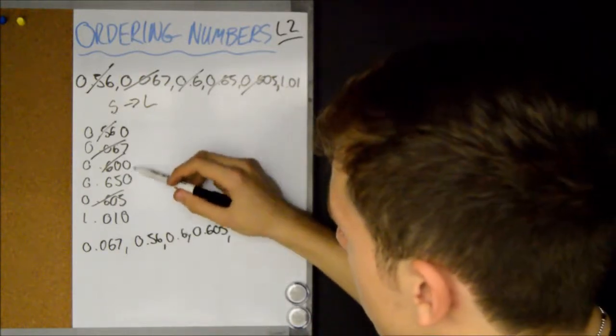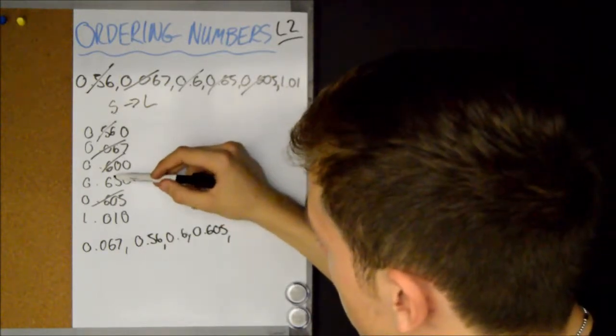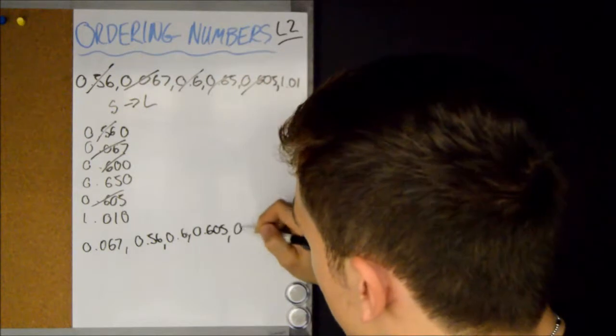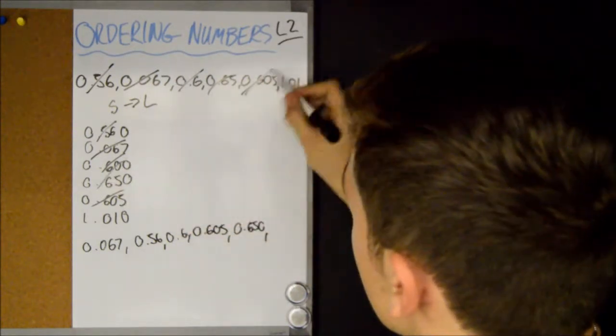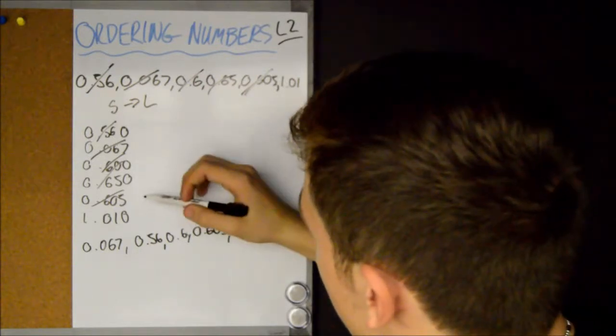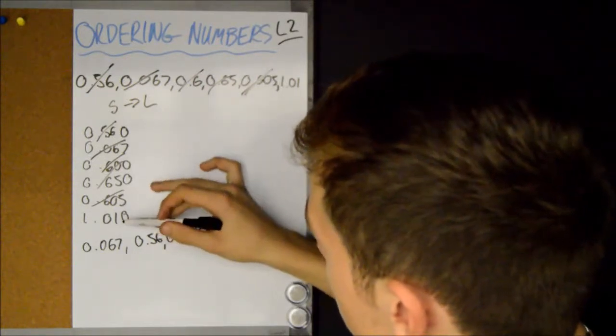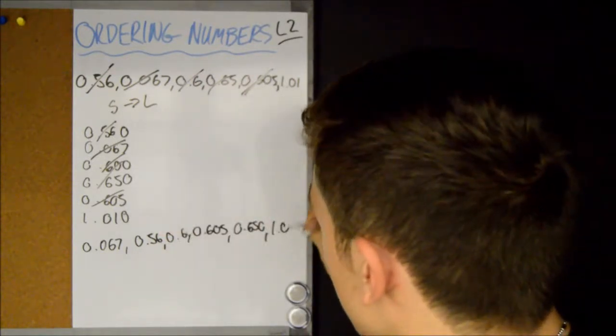And then we go to the same thing, 6 is smallest, so it must be 0.650. And now that leaves us with our 1.010, so this must be the largest number.